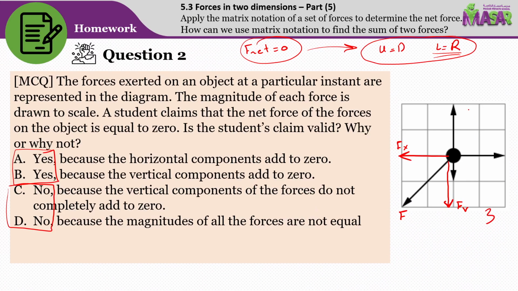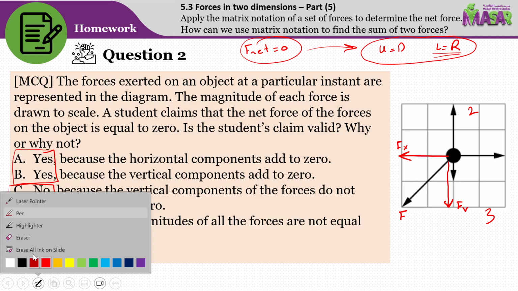So three down, two up, which means they are not equal. So the vertical component of the net force is not zero. This is why the correct answer here is not A or B, because they are accepting the claim.